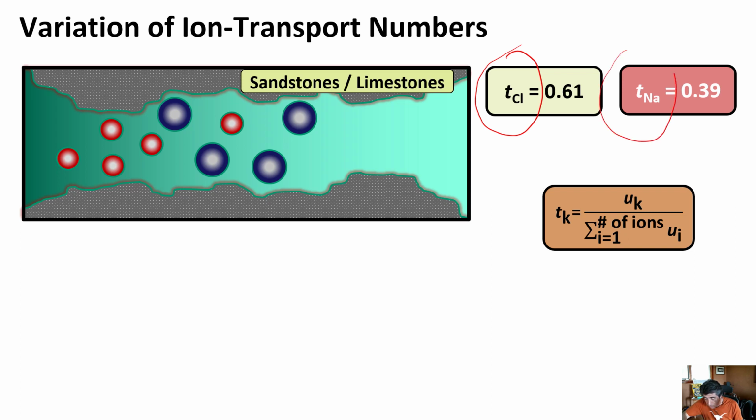What we find is that the transport numbers of sodium and chlorine differ by a factor of about 2. Not quite, but here it is 0.4 and 0.61.